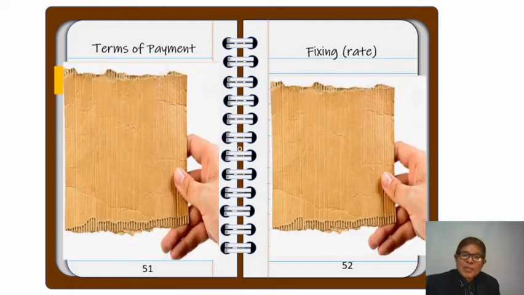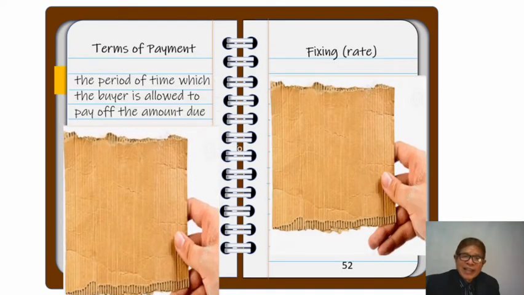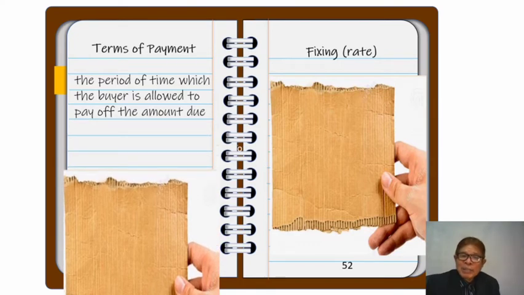What is terms of payment? It is the period of time which the buyer is allowed to pay off the amount due. If a buyer can hardly afford to pay the monthly amortization, try to make the terms longer, such as 30 years for Pag-IBIG. The longer the terms, the lesser the monthly amortization.